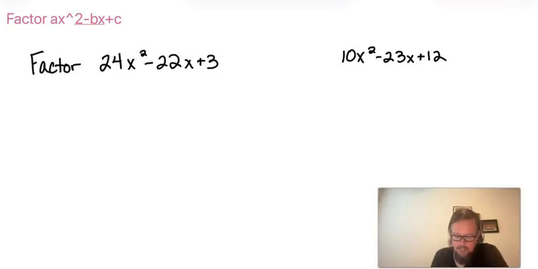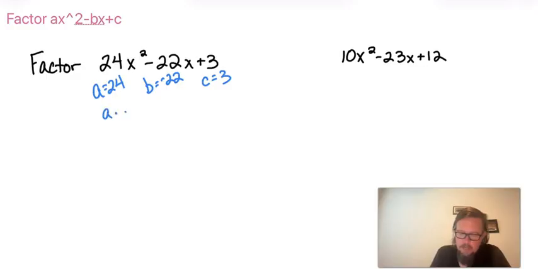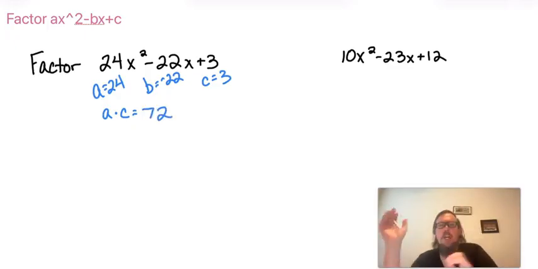So our first step is to do a multiplied by c. So a is 24, b is negative 22, and c is 3. So we do a times c. So 24 times 3 is, was that 72? Okay, so we're looking for two numbers with a product of 72 and a sum of negative 22.